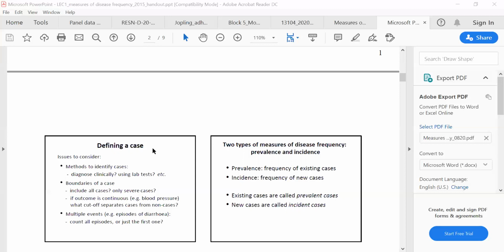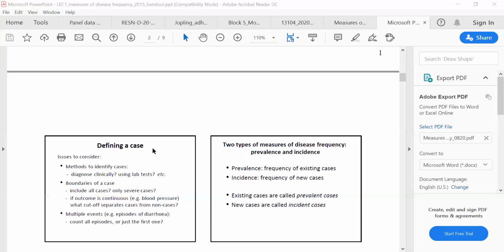Remember, let's give an example: you want to give a definition of malaria. You can define malaria clinically, and by clinically we are referring to the signs and symptoms. If someone presents with fever, a hot body, chills, and has visited a place where there's malaria, then that person can be defined as a malaria case.